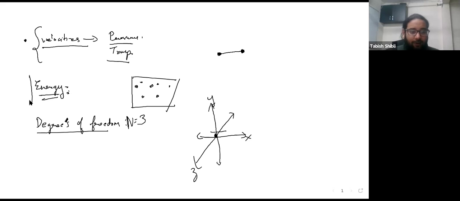Now the question is how does this microscopic view of the world, this kinetic view of the world, essentially store the energy? That is the question. And the answer to where these energies are stored is in what we call the degrees of freedom.